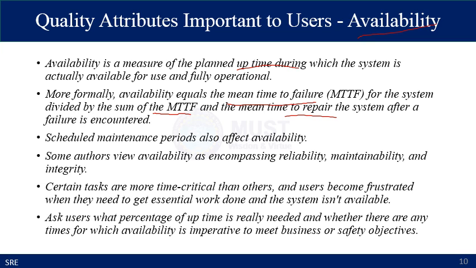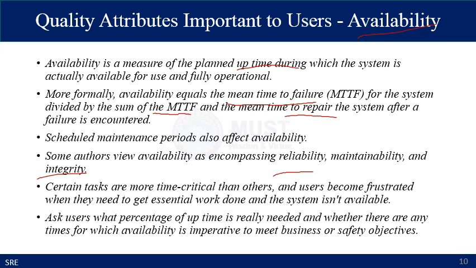Some authors view availability as encompassing reliability, maintainability, and integrity. So availability is a broader quality attribute which includes the reliability of the system, that as long as the system is reliable, it will be available to your users. And also if it is integrated with other systems and components, it is more likely to be available.